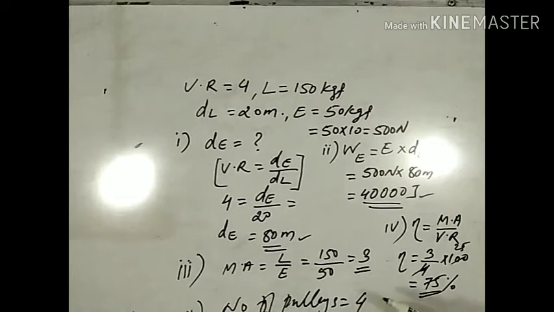When the number of pulleys is an even number, I have mentioned to you earlier that each block, the upper block and the lower block, will consist of an equal number of pulleys. So the number of pulleys in each block will be 2. 2 plus 2. Okay?